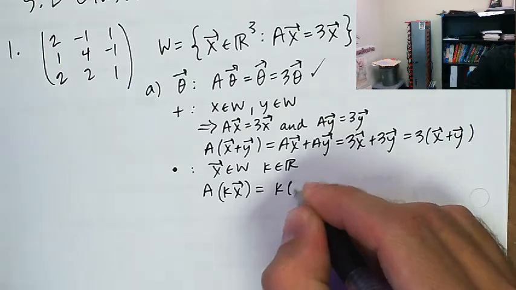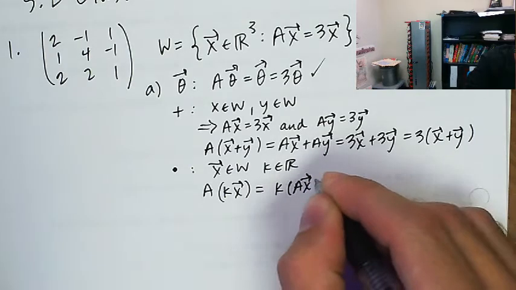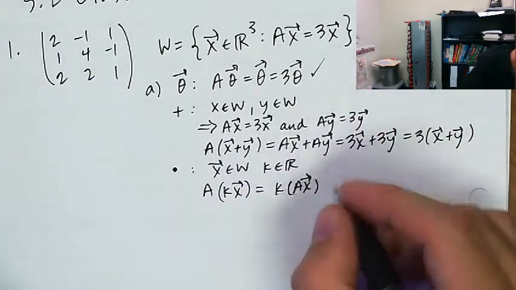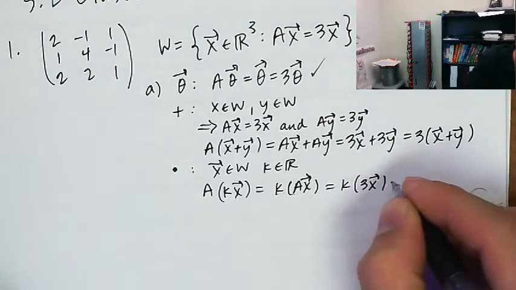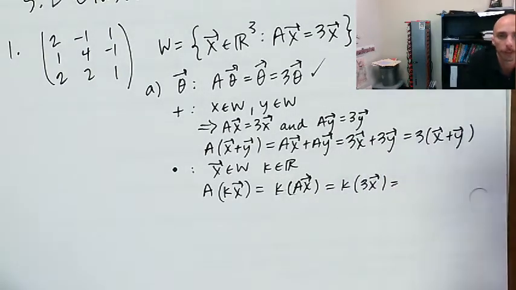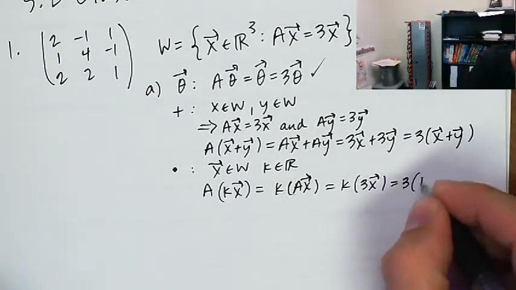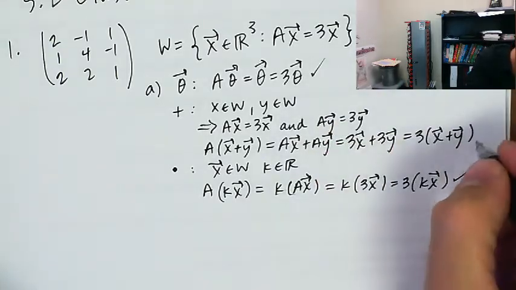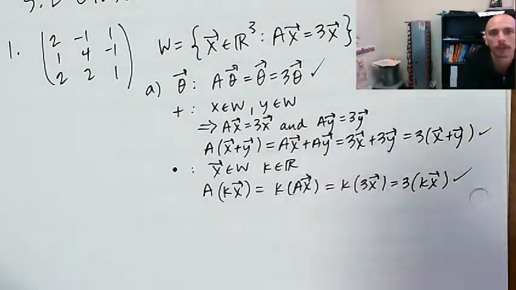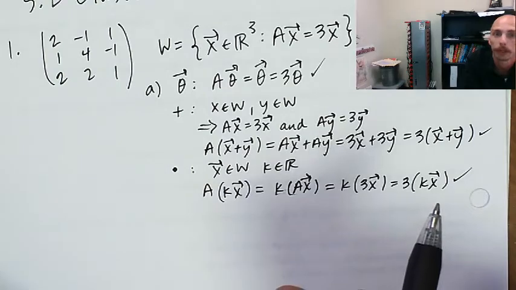So that's K times AX. If X is in W, then AX equals 3X. So that's K times 3X. K is a constant, 3 is a constant, so I could say that's 3 times KX. And that means that I have satisfied all 3 conditions, showing that W is a subspace of R3.